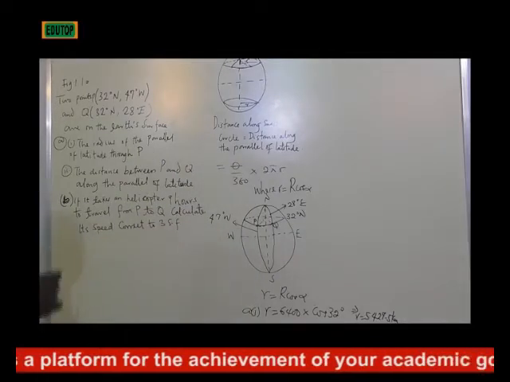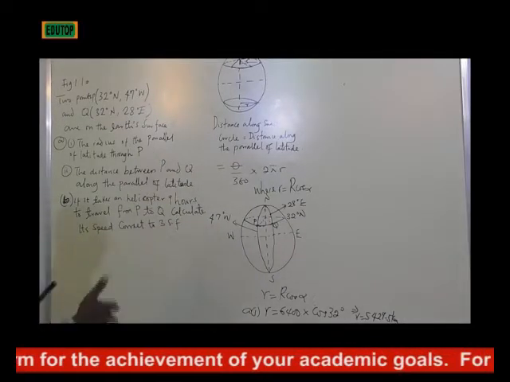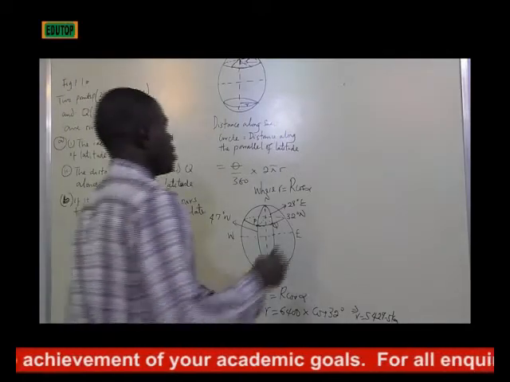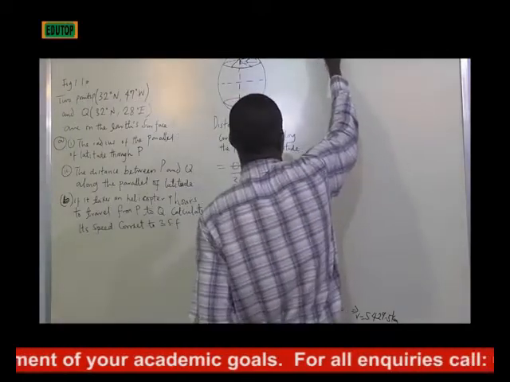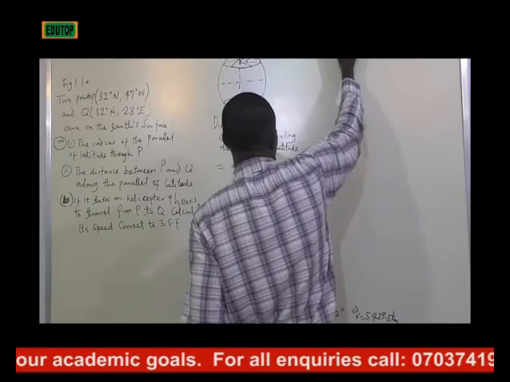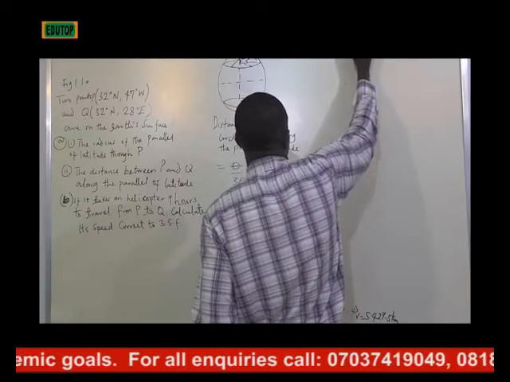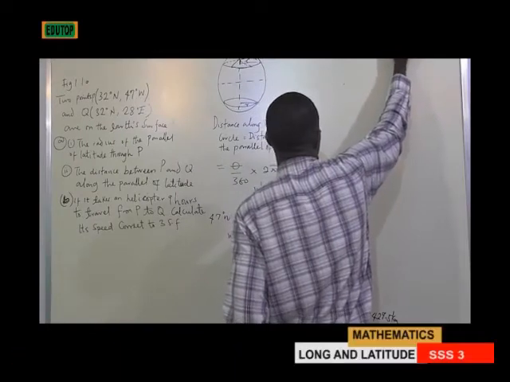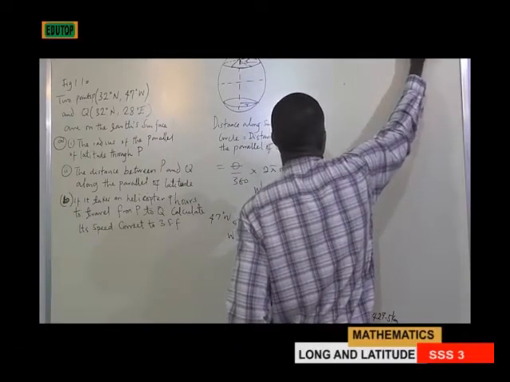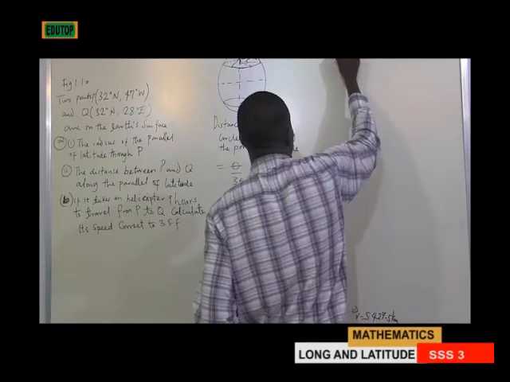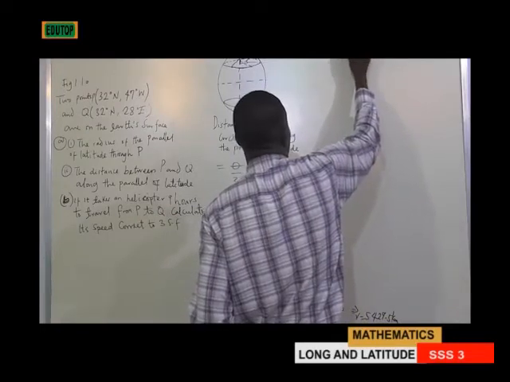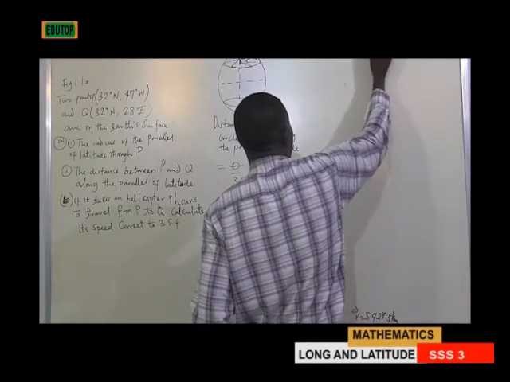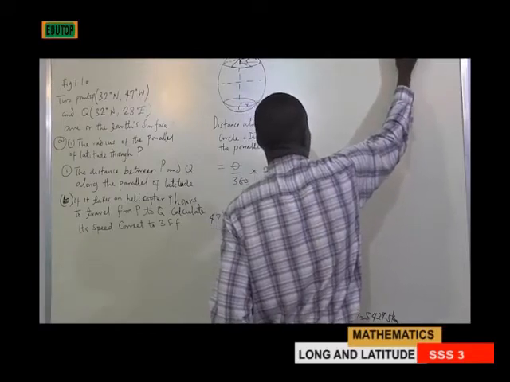Then A2, the distance between P and Q along the parallel of latitude. So question A2 is asking us for the distance between P and Q along the parallel of latitude.